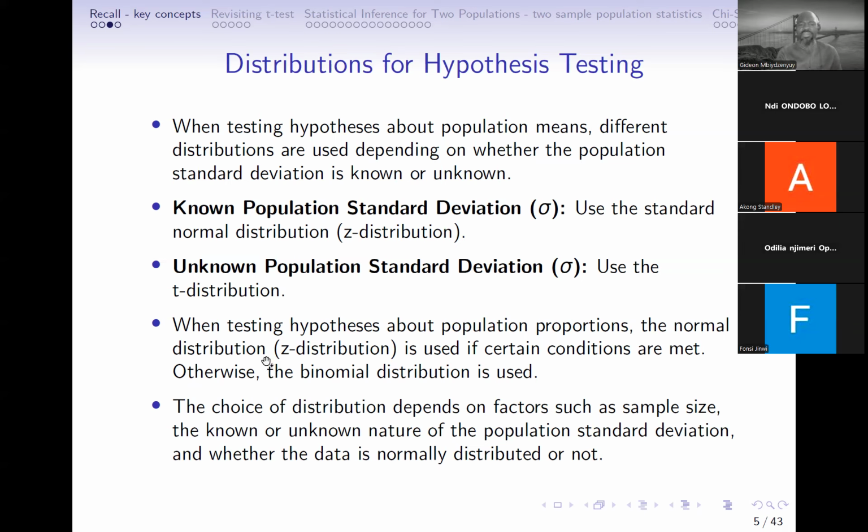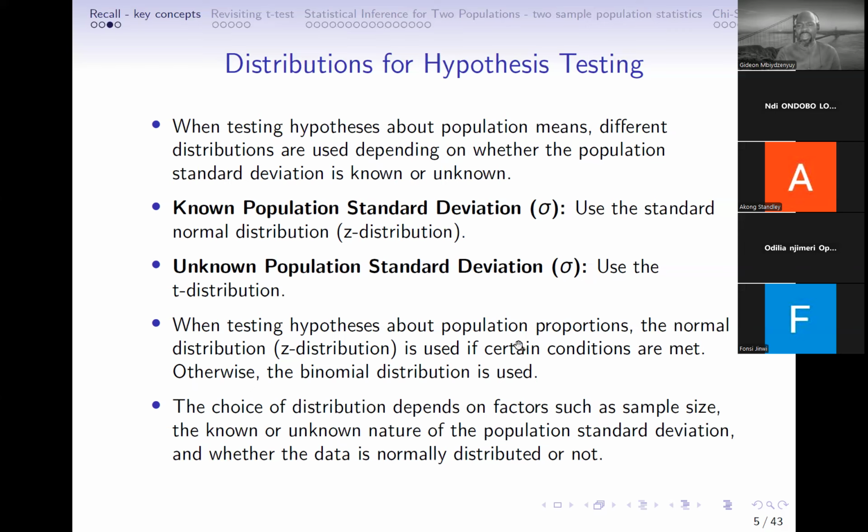So the choice of the distribution that you choose in order to approximate the sample proportions to your population proportions is dependent on those conditions that we talk about here, and they are dependent on the size of your sample.